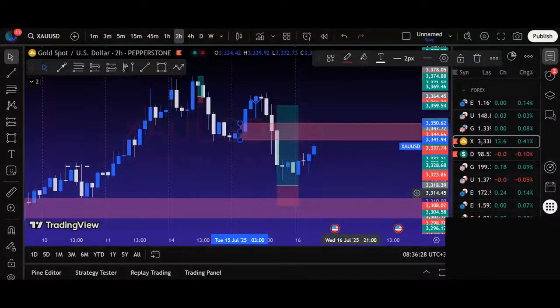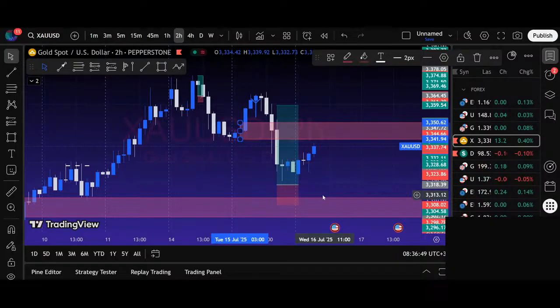Okay. The higher time frame versus lower time frame. If the higher time frame is bullish, e.g., holding above a key moving average or trend line, then a pullback to 33.20, 33.10 could be a buying opportunity. If the higher time frame is bearish, then 33.40, 33.50 is a sell zone.